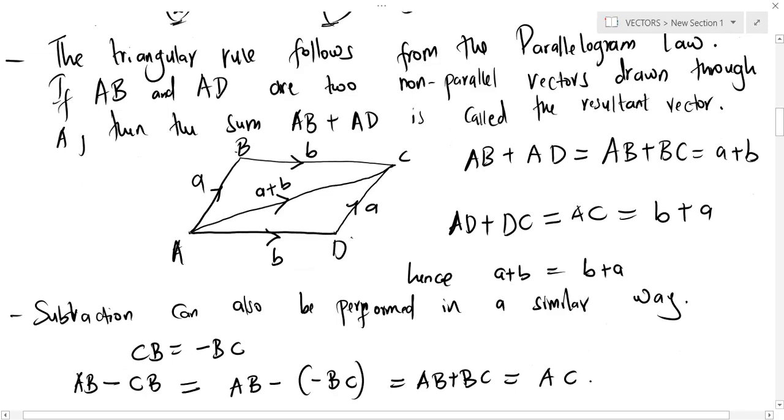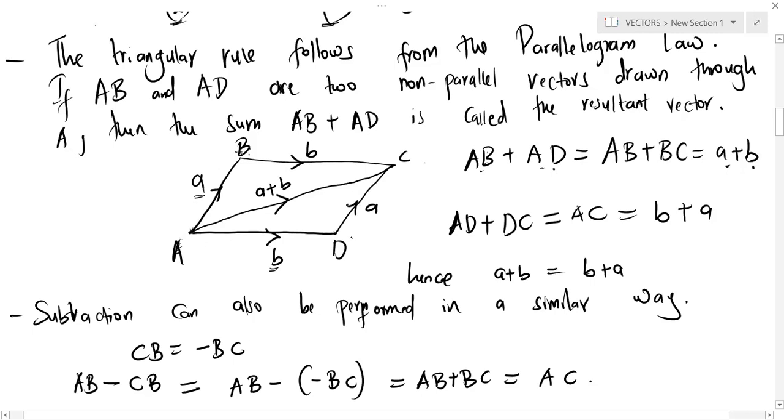The sum of AB plus AD is basically a plus b. As we can see, the sum of AB plus AD is a plus b. Now, that's not it. Let's look at AB plus BC. Clearly, this is parallel to this, so BC is parallel to AD.